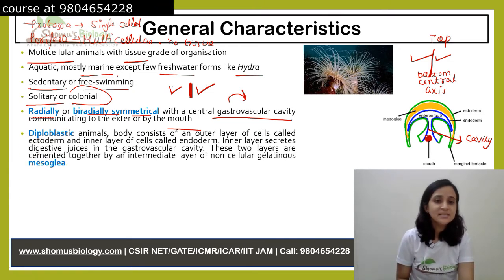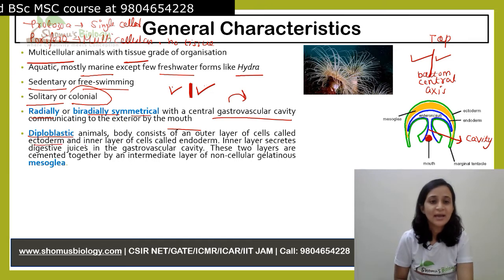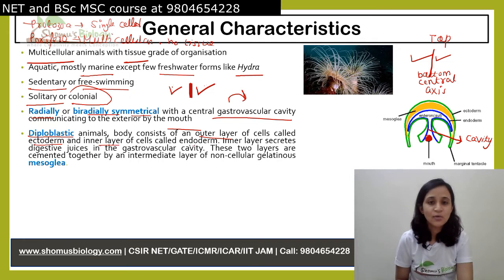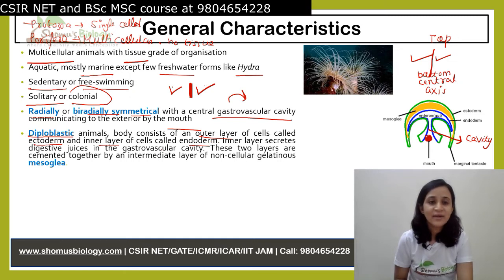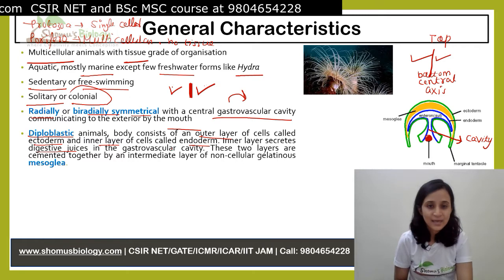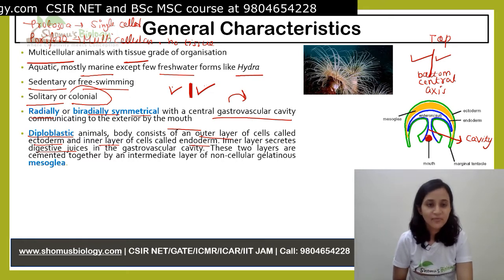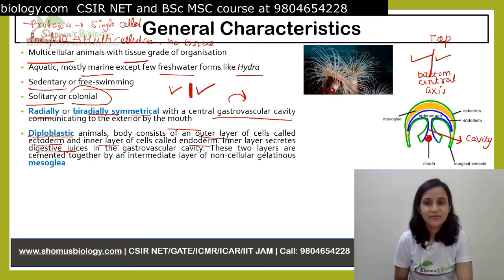They are diploblastic animals, and we know that diploblastic means they have two layers of cells. The first layer is the ectoderm, the outer layer, and the inner layer is the endoderm. The inner layer secretes digestive juices. The endoderm secretes digestive juices in the gastrovascular cavity, right?